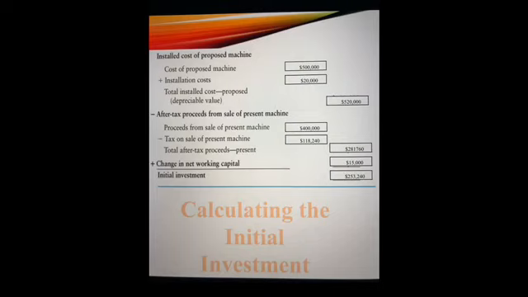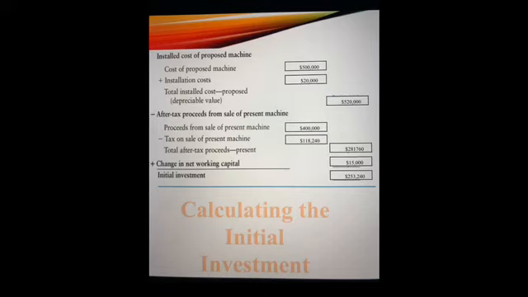Okay, here we have the calculation of the initial investment. We have the installed cost of the proposed machine, which is the cost of the proposed machine, $500,000, and the installation, which is 20,000. You add both of them and you get your total installed cost, which is $520,000.